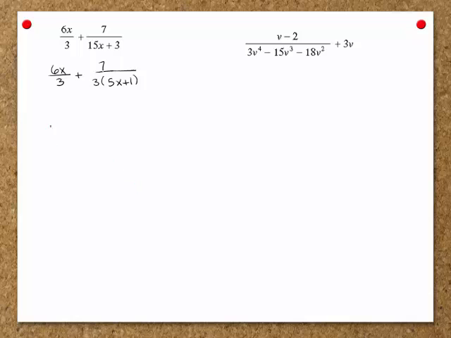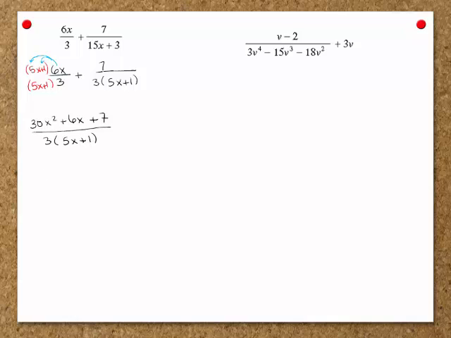So I'm going to multiply both the numerator and the denominator of this fraction times 5x plus 1. Now you can see that these will match even though this isn't in the same order, but that's okay. The next step is to distribute this 6x into this parentheses. So I'm going to get 30x squared plus 6x plus 7 over 3 times 5x plus 1.